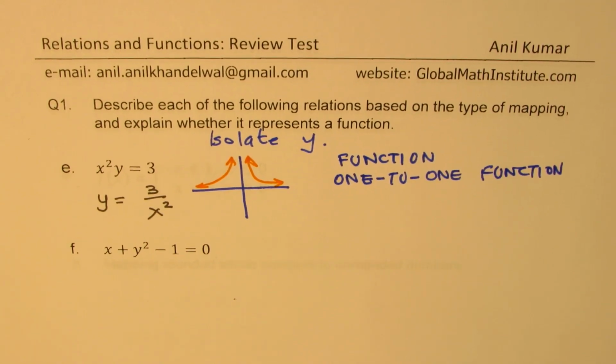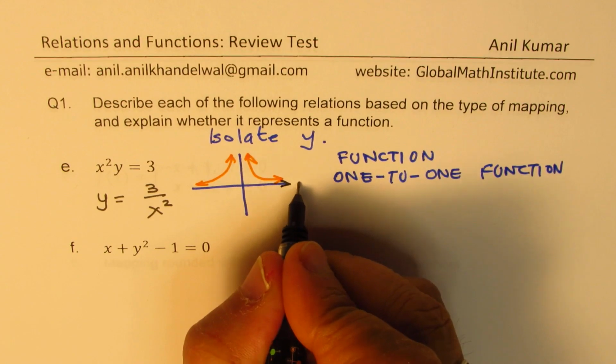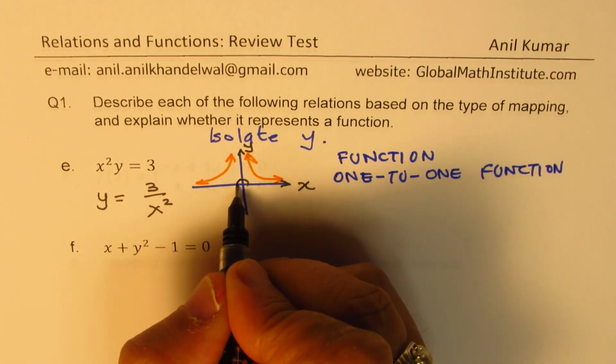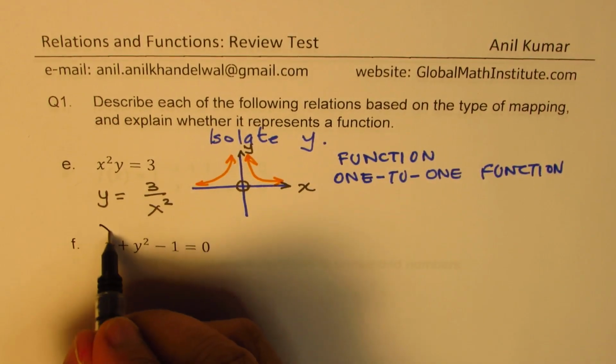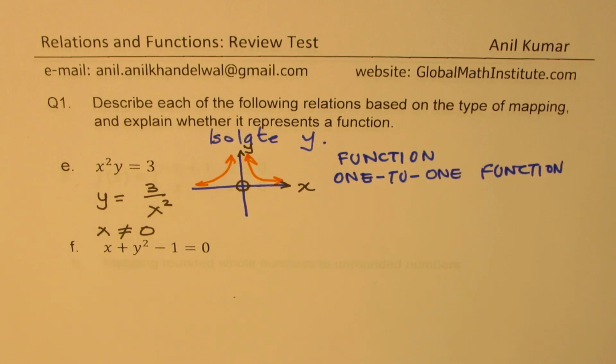Perfect. Every value of x is associated with just one value of y uniquely. Of course, in the domain, 0 is not included, right? It has a restriction that x is not equal to 0, since the denominator cannot be 0. But otherwise, the domain of the function is all real numbers. We'll talk about domain and range in the next question.